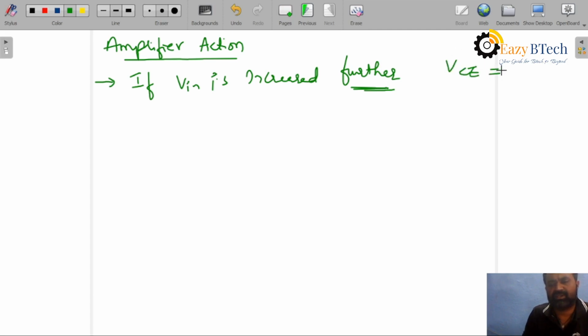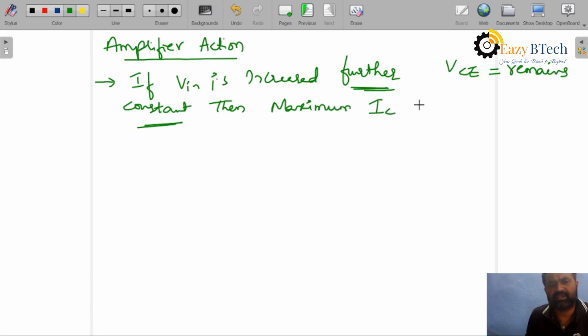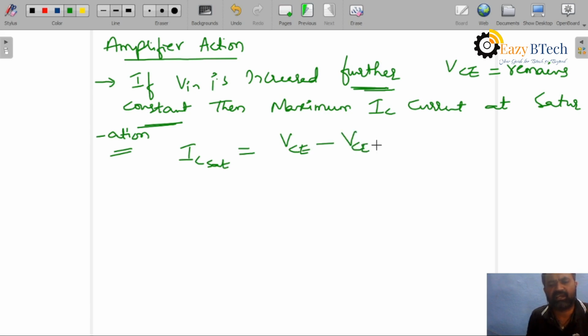VCE remains constant. That is, then the maximum IC current at saturation, that we will discuss as IC sat is equal to (VCC minus VCE sat) by RC.